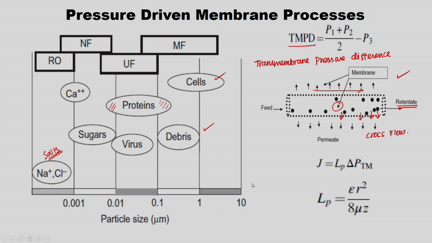So that TMPD is nothing but: the feed pressure is P1, and the outlet pressure when it gets collected is P2. The average of these two is (P1 + P2)/2, and P3 is the permeate pressure, so that is minus P3. So this is the transmembrane pressure difference, which is the average between inlet and outlet pressure minus the permeate pressure.